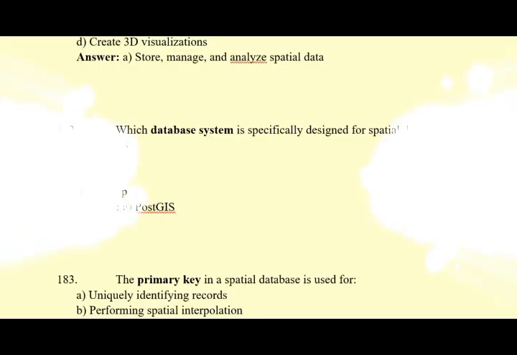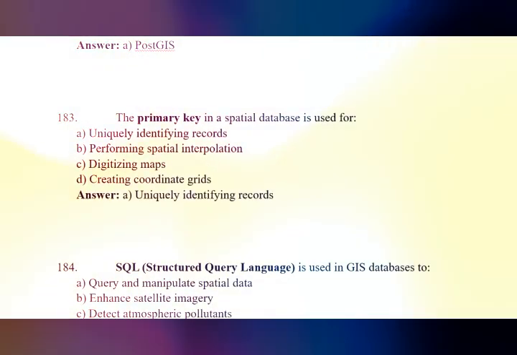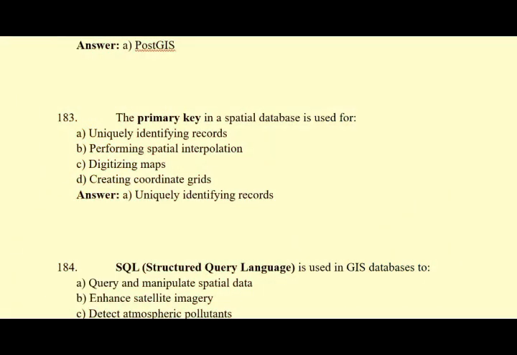Question 182. Which database system is specifically designed for spatial data? PostGIS, MySQL, Excel, Hadoop. Here the right answer will be PostGIS. The primary key in a spatial database is used for uniquely identifying records, performing spatial interpolation, digitizing maps, creating coordinate grids.